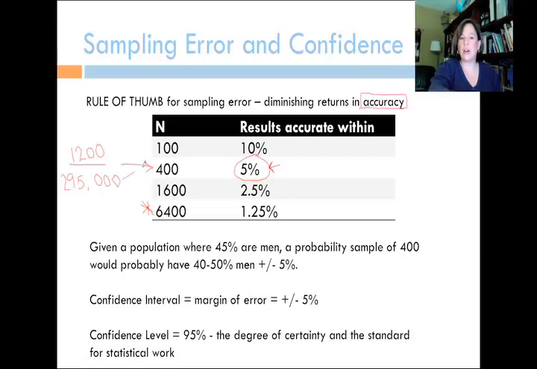I still only need to talk to about 400 of them in order to achieve this level of accuracy in knowing that my sample represents the population. And the reason this is true is because of probability theory. I can calculate that. And that's what randomness, a random selection, allows us to be able to say.